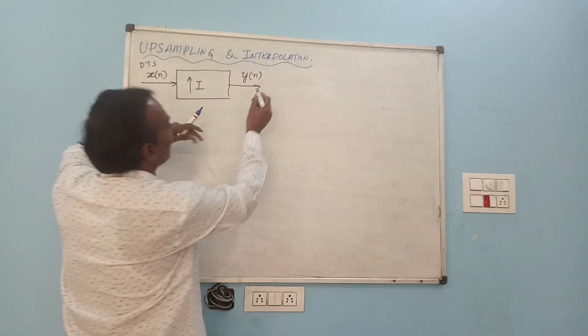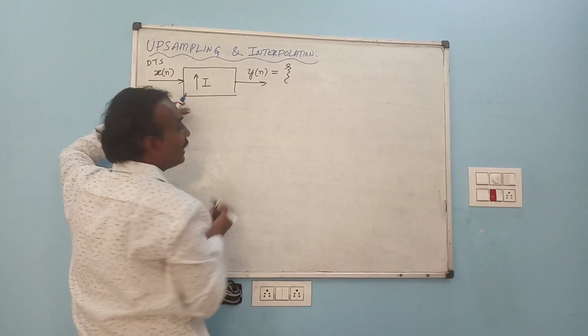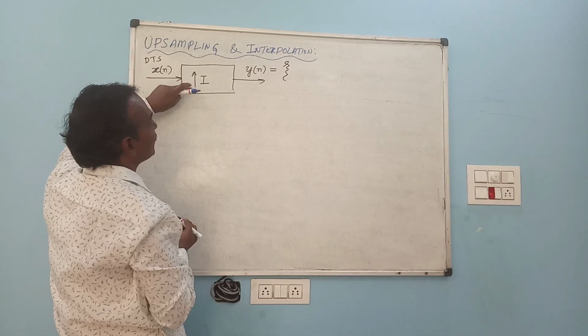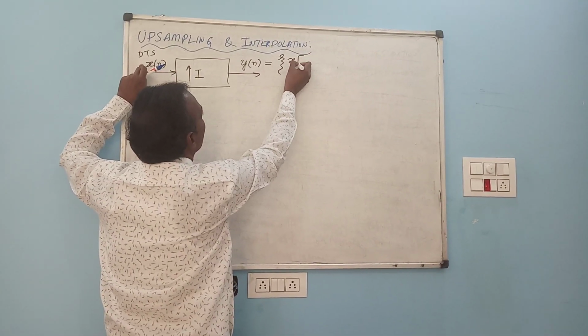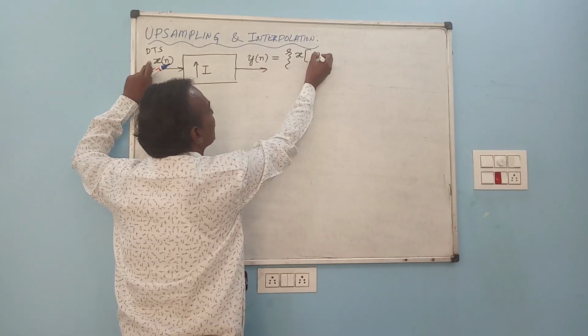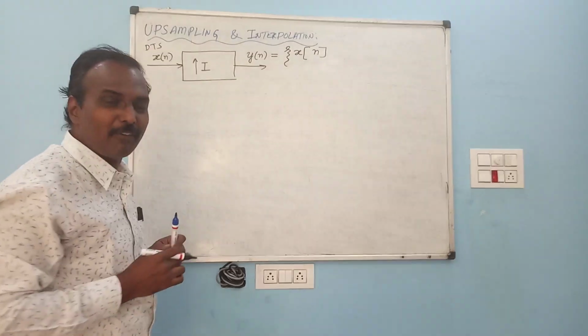Now what we have seen earlier, I can write the expression. Earlier we have seen for a downsampling signal the relation is x of, n is the time factor, multiplied by the downsampling factor d.